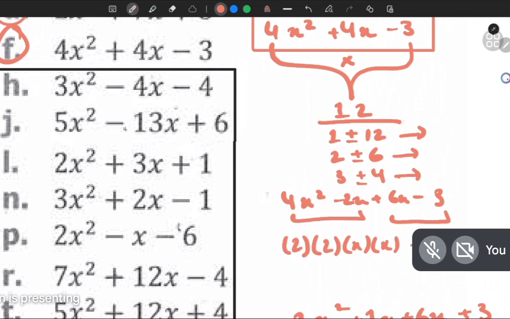So out of these, how much can you take common? You can take 2 from both sides and x from both sides, right? Because both of them are sharing 2x, right? Yes, sir.